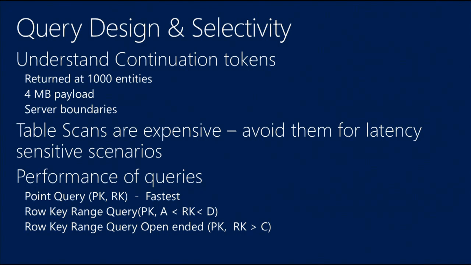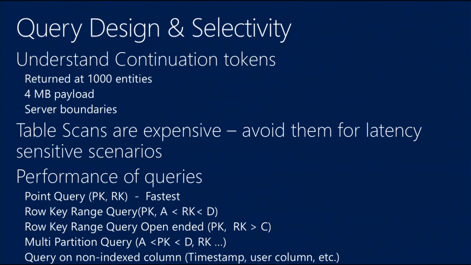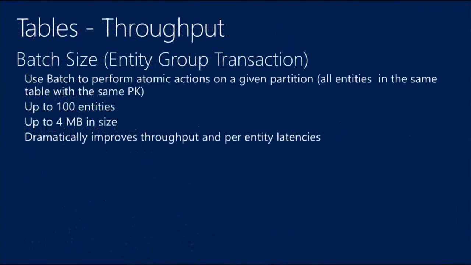So now I have row key greater than C. So now I've given it some number of entities to skip, but I'm still on a certain partition. And then a multi-partition query. So I have my partition key bounded by an upper and lower bound. I may hit multiple servers. I may get multiple continuation tokens. And then a query on a non-indexed column, timestamp, a user column, first name, things like that, is going to be the slowest.